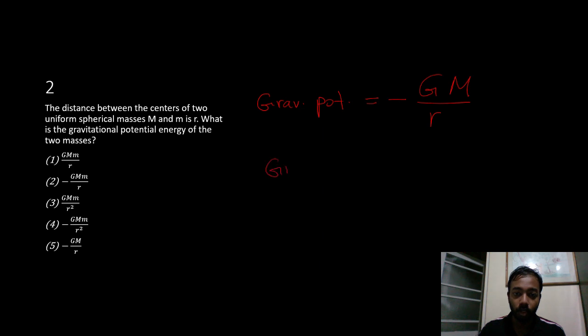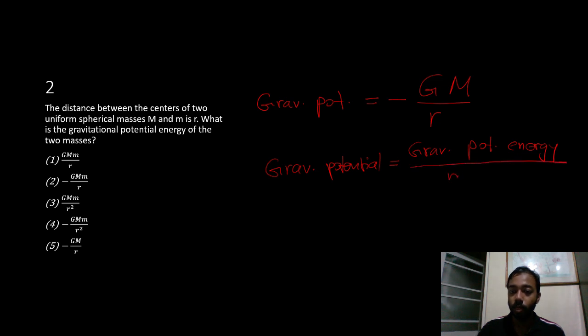So gravitational potential can be defined as gravitational potential energy divided by mass.